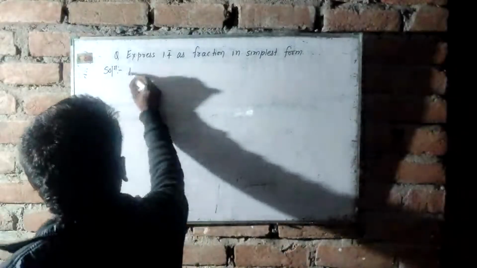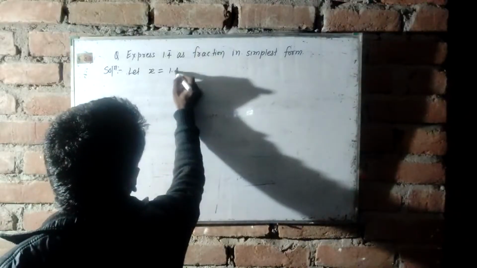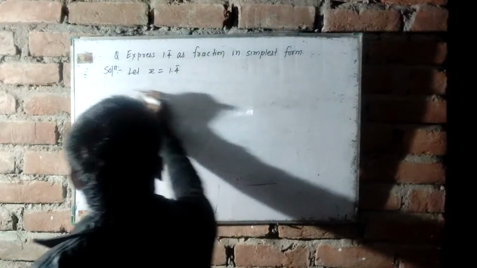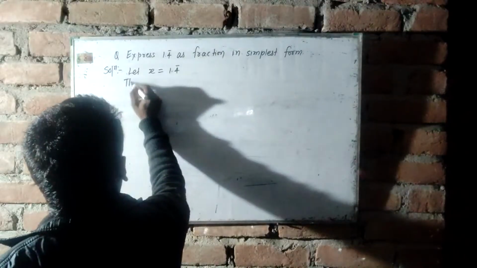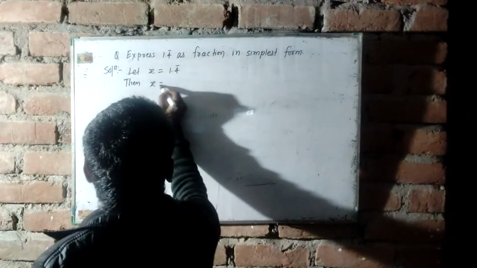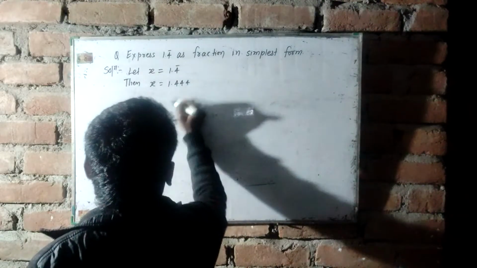So let x is equal to 1.4 repeating. Then this can be written as x is equal to 1.444.